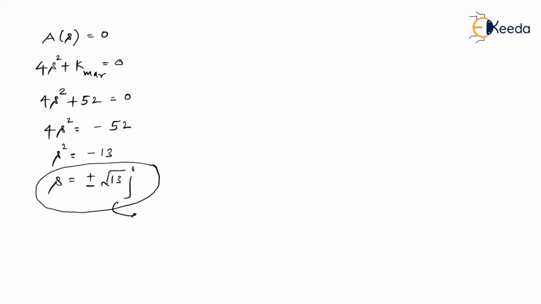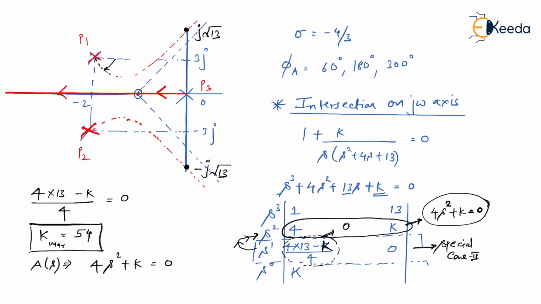These are the intersection points on the j omega axis. I am saying points because there are 2 points: one point is j root 13 and the other point is minus j root 13.